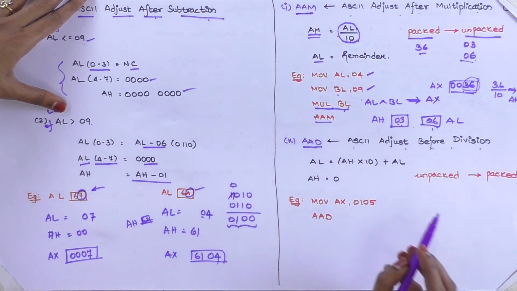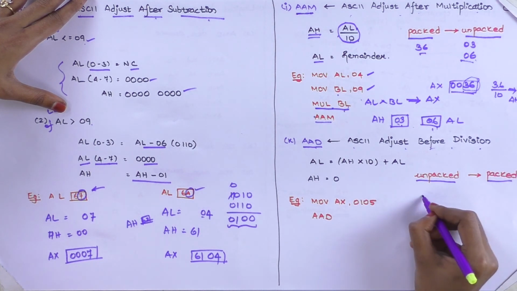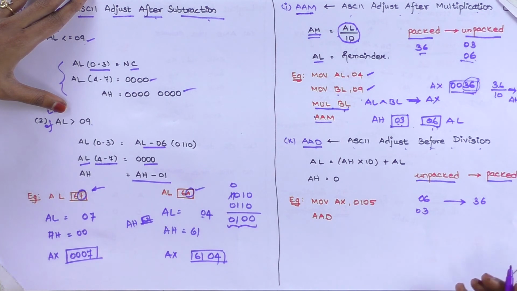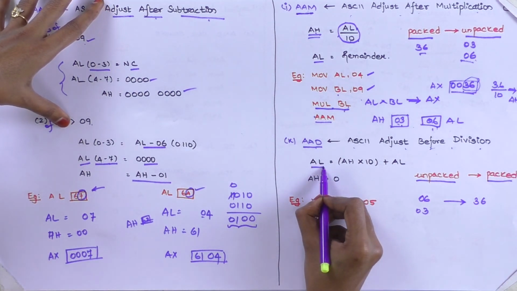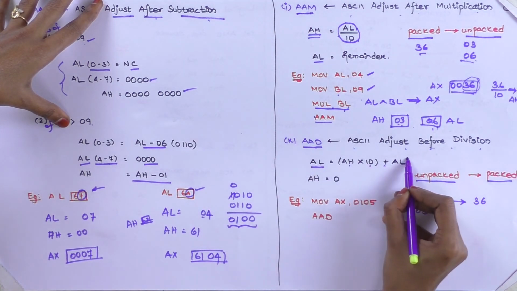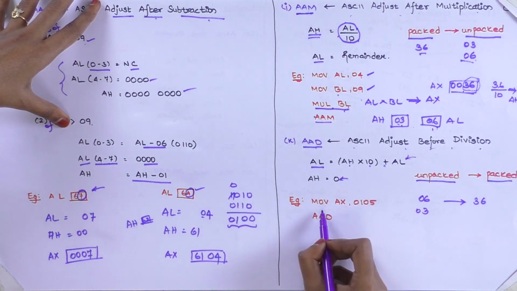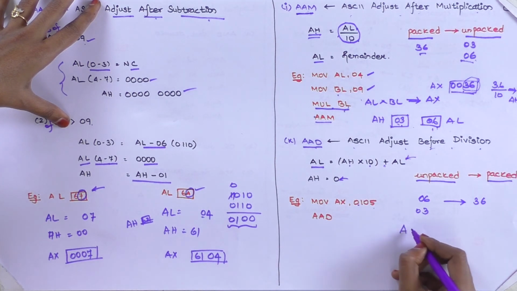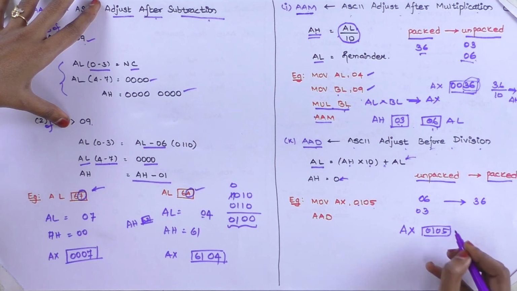This instruction converts an unpacked number into a packed number, for example 0603 into 36. The lower byte value is obtained by multiplying the higher byte by 10 and adding the value in the lower byte. The higher byte becomes 0. See here, MOV AX, 0105. The value of AX now is 0105.